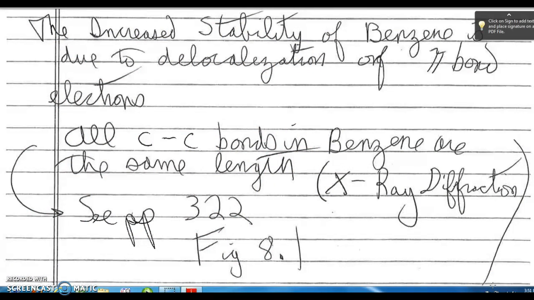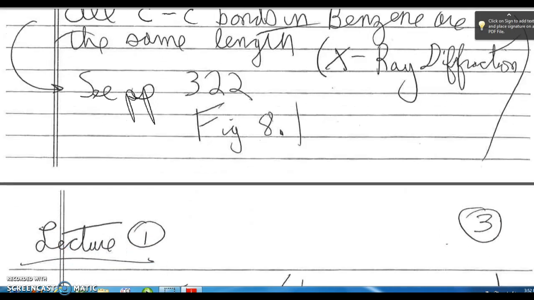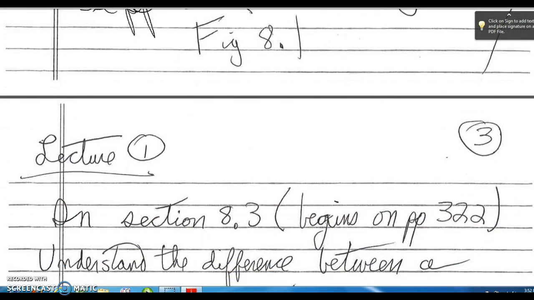If you look at page 322, figure 8.1, they draw a much nicer picture of the overlapping p orbitals than I want to attempt here. If benzene were alternating double and single bonds, the bonds would be different lengths. The double bonds would be shorter than the single bonds. That is not the case by experiment. So benzene has a lot of delocalization.